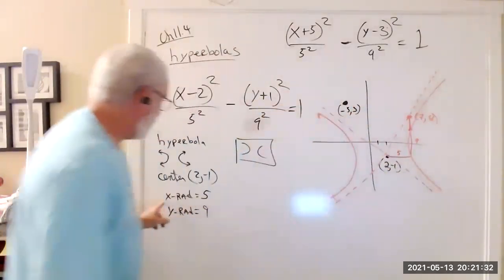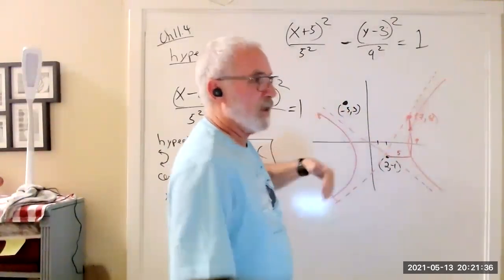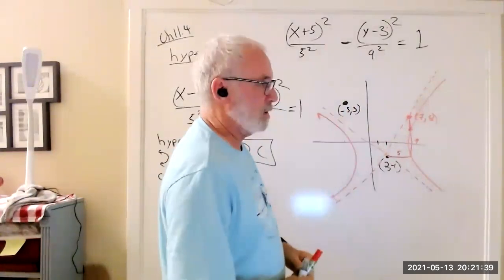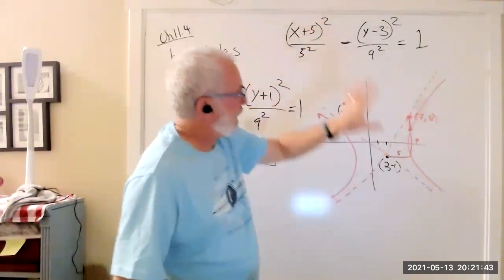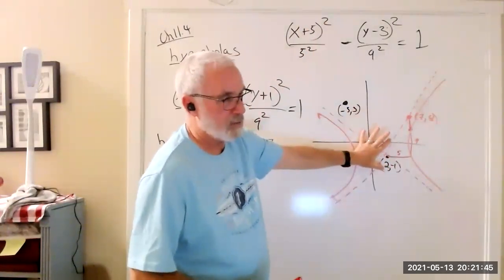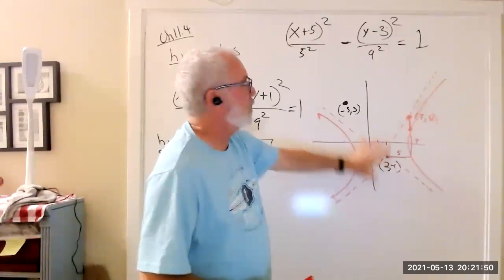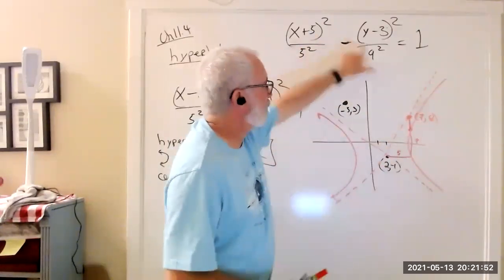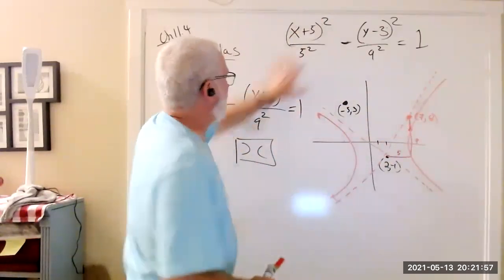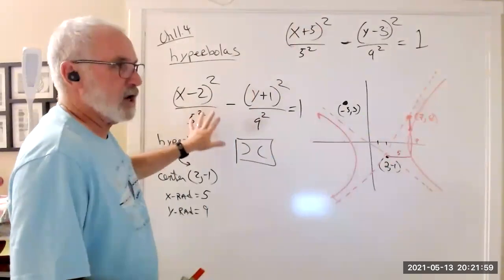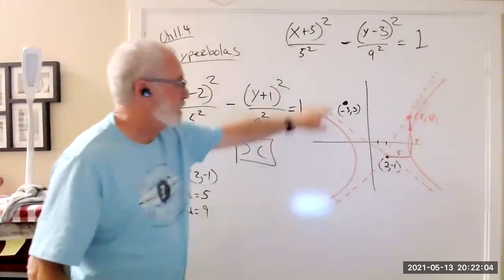It's the X radius and Y radius that create the asymptote that really create the shape.